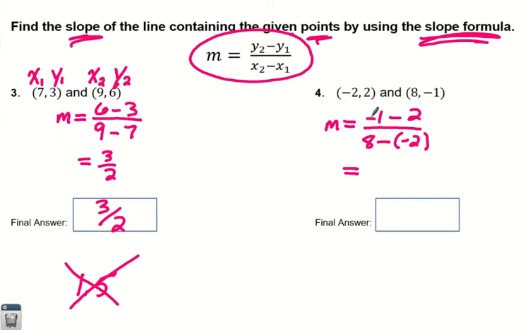And so -1 minus 2 is -3. 8 minus a -2 is just like 8 plus 2. And so 10. Does that divide clean or reduce? No, so your final answer is just -3/10.